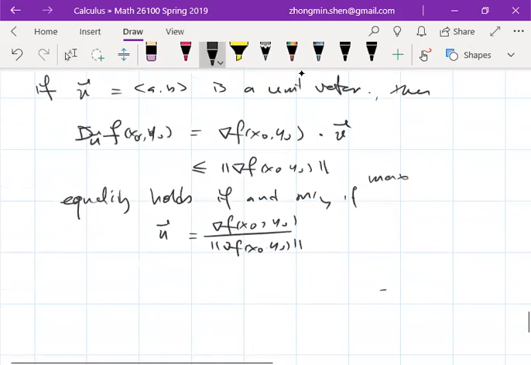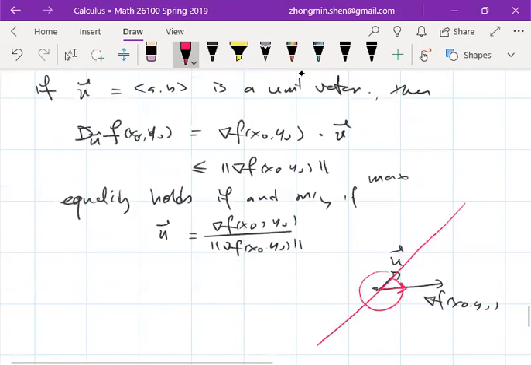So here's a picture. This is the gradient, and this is an arbitrary vector. You find the directional derivative in that direction. In the same direction as the gradient, the directional derivative has maximum value, and then it changes from the largest positive value as you go around, and this probably is the smallest negative value.